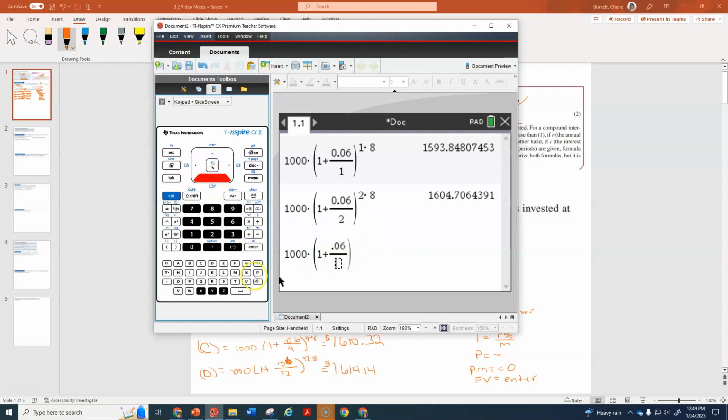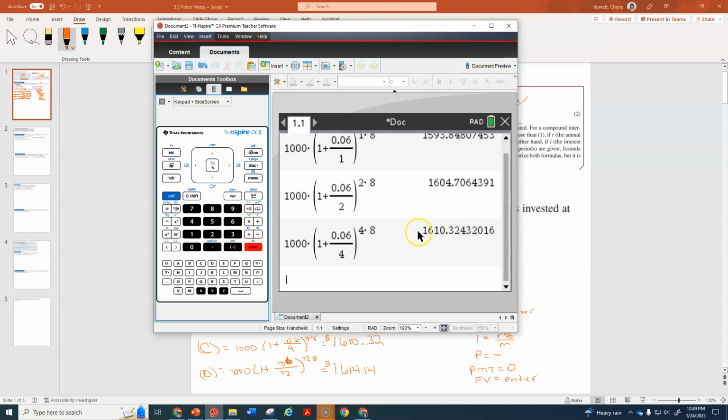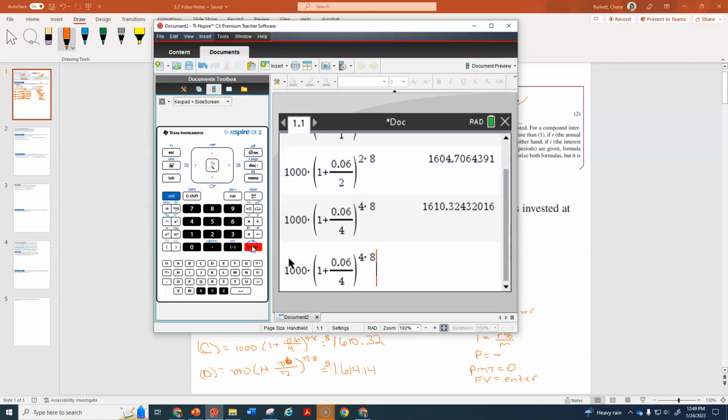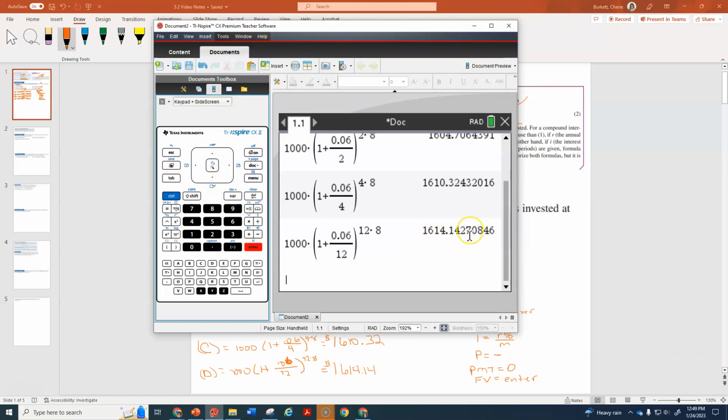I think the next one was quarterly, so 4, and then raise it to 4 times 8, and that was the answer to quarterly. You can go back up and copy that and then change them. The next one was monthly, and that should give you the exact same values.